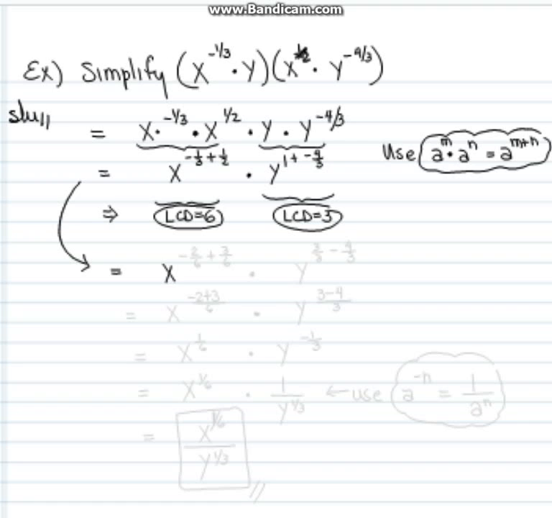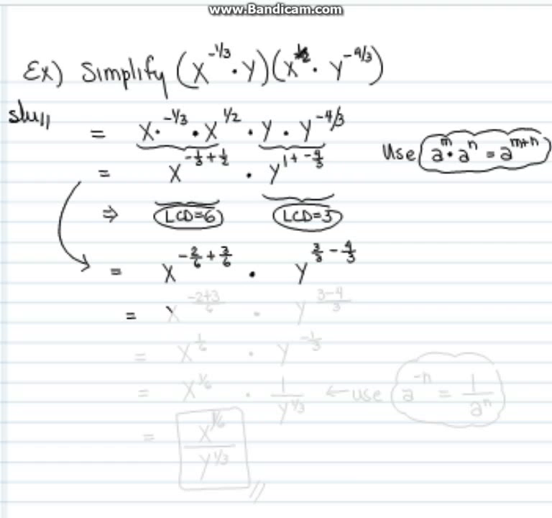So this is x to the negative, let's see, multiply top and bottom by 2, you get 2/6, plus multiply 1/2 top and bottom by 3, and you'll get 3/6. Now everybody has the same denominator, times the y. Okay, you got 1, multiply that by 3 over 3, you get 3/3, plus a negative 4/3.